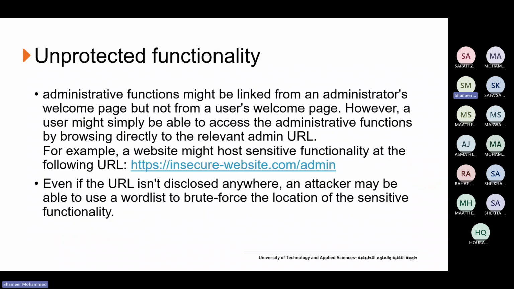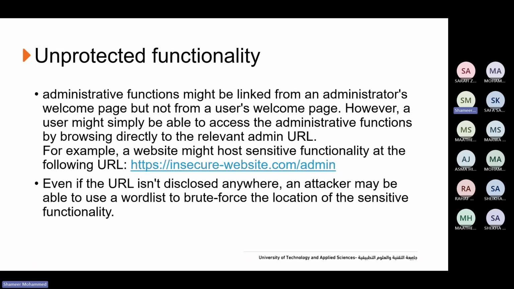Vertical access control, this one, unprotected functionality like this. See the example here: admin, some website like facebook.com/admin. You should not have it like this. You should not have a URL like this for admin and a different one for user.